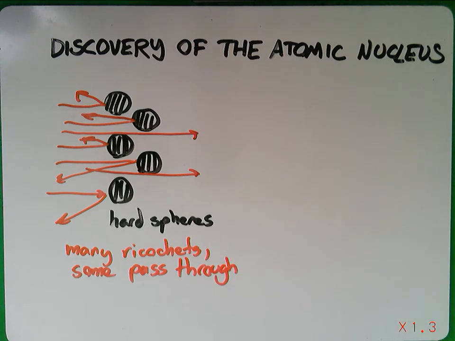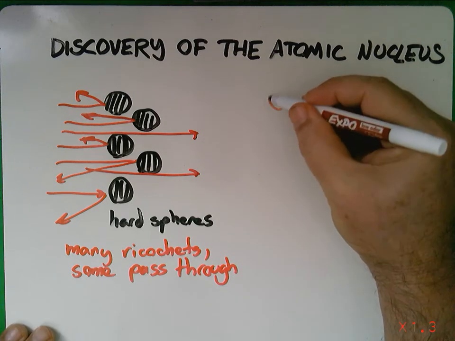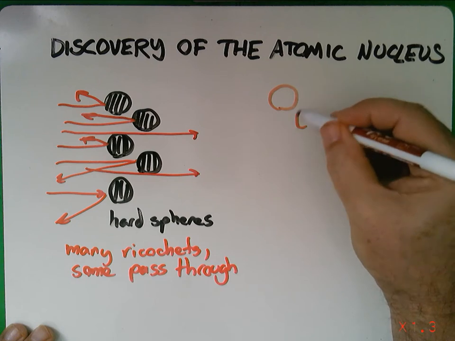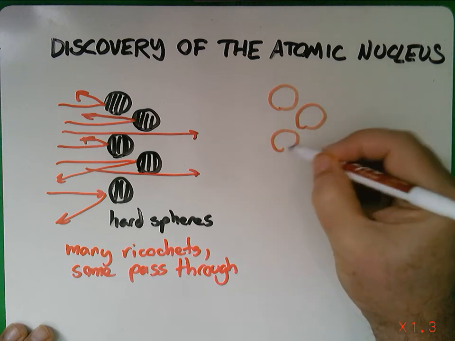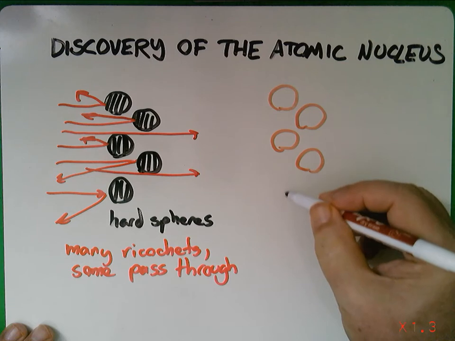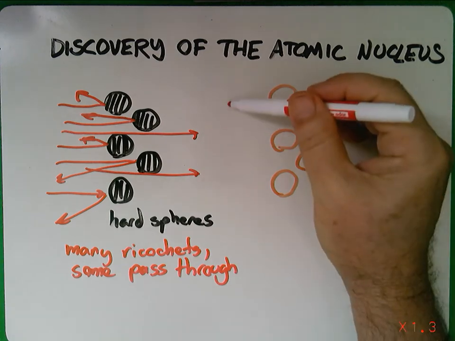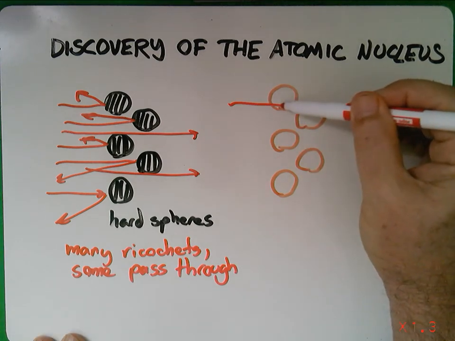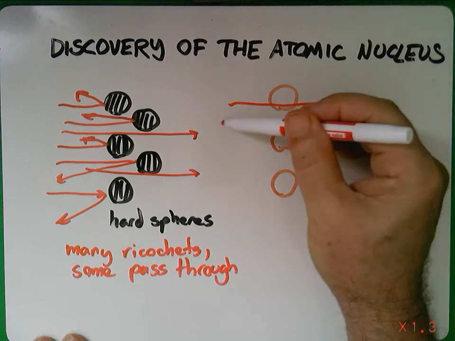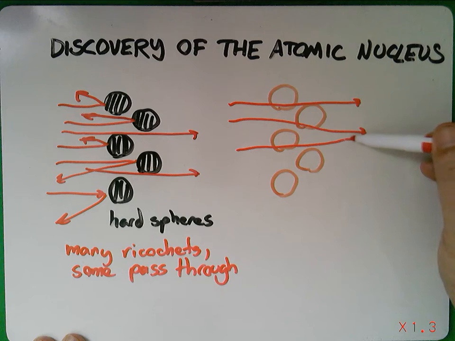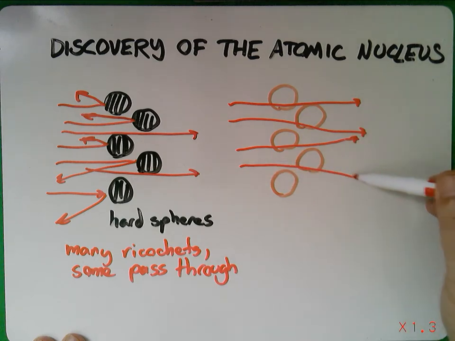But what if you have the plum pudding atoms? They're kind of squishy. They're spread out positive charge. They're not hard like these things. And the alpha particles, remember, were positively charged, we said? If they hit these things, they're going to be able to kind of plow through the soft, cakey part. They might swerve a little bit because the cakey part is positively charged.